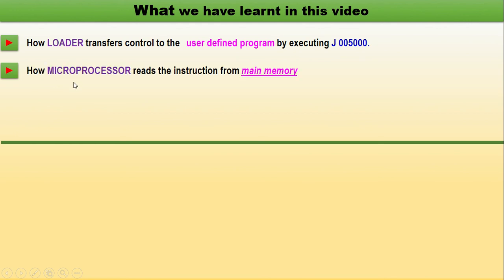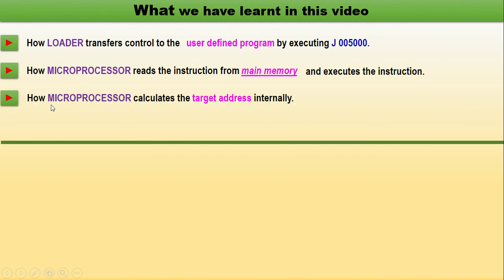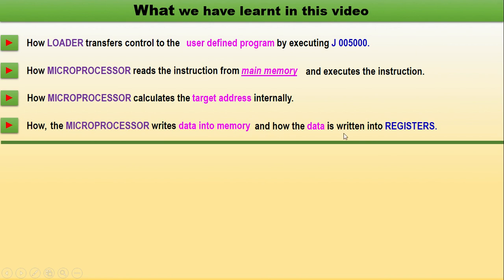Next, we know how the microprocessor reads the instruction from main memory and executes it. We also know how the microprocessor calculates the target address internally. And finally, we know how the microprocessor writes data into memory and how data is written into registers. Okay, thank you.